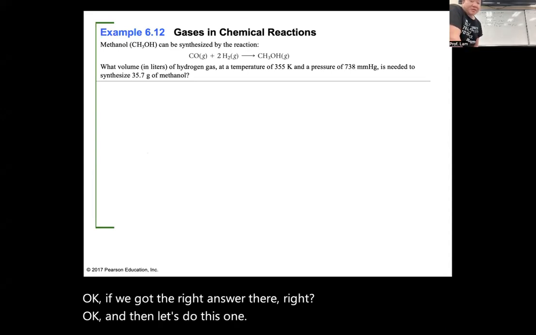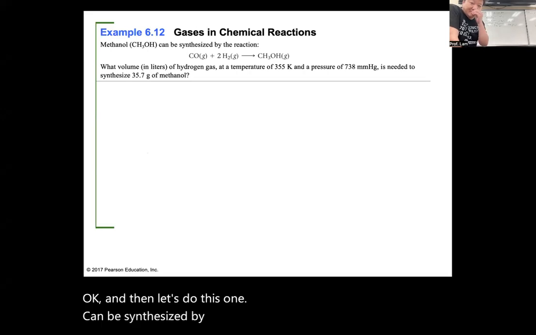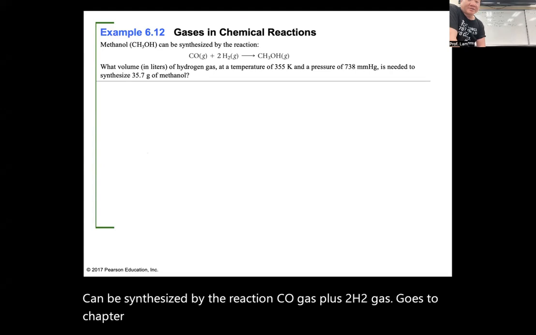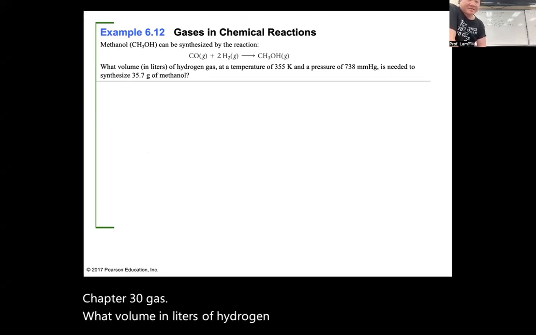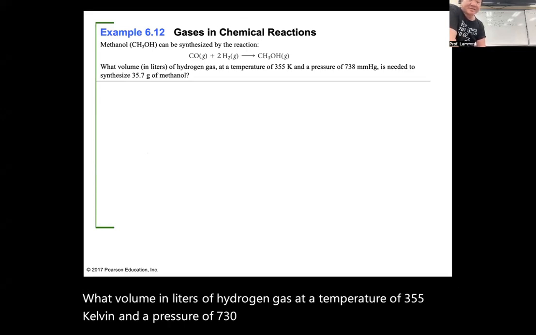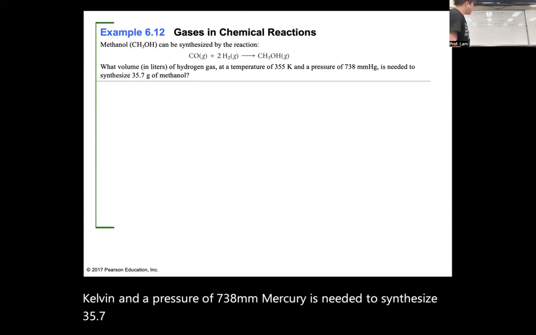Methanol can be synthesized by the reaction CO gas plus 2H2 gas goes to CH3OH gas. What volume in liters of hydrogen gas at a temperature of 355 Kelvin and a pressure of 738 millimeters of mercury is needed to synthesize 35.7 grams of methanol? Alrighty.